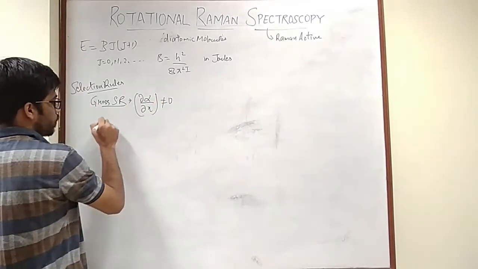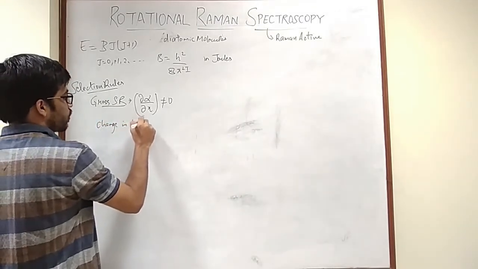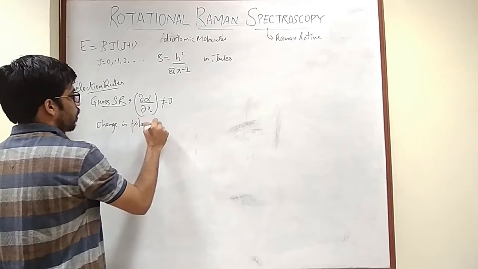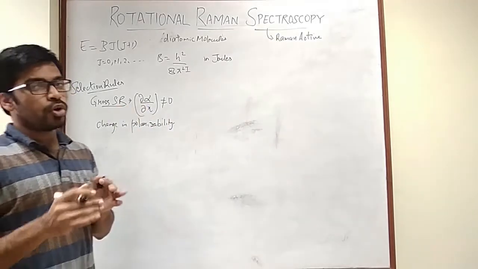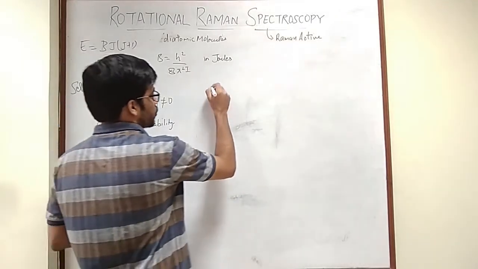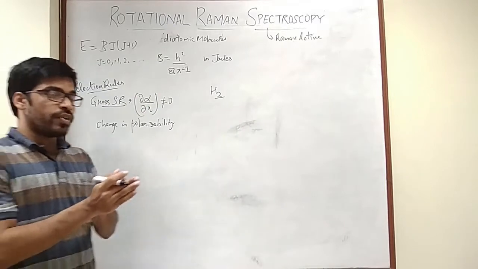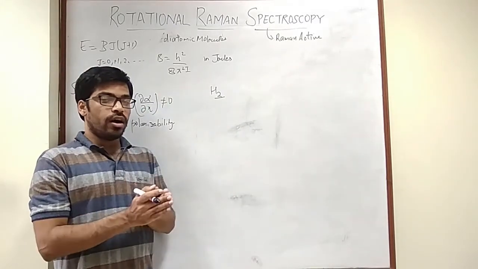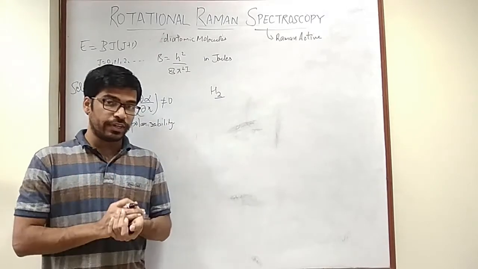That means there should be a change in polarizability, right? The polarizability of the molecule should change, and we had seen in the last lecture for the case of H2 that its polarizability changes when it rotates perpendicular to the electric field.